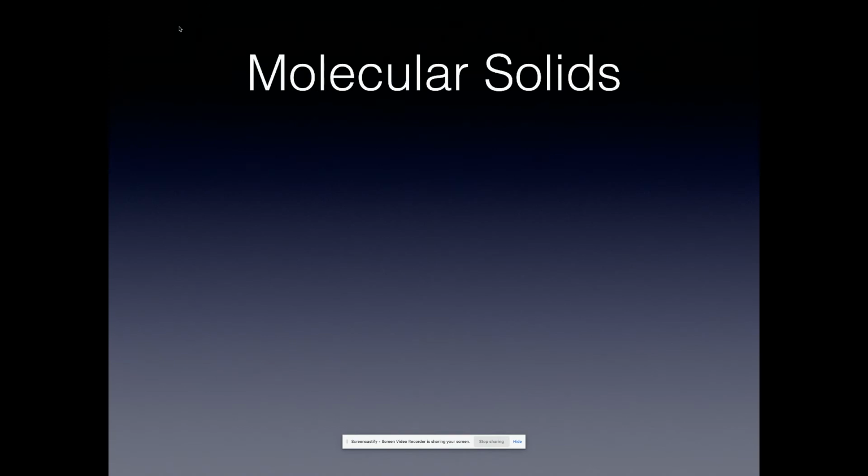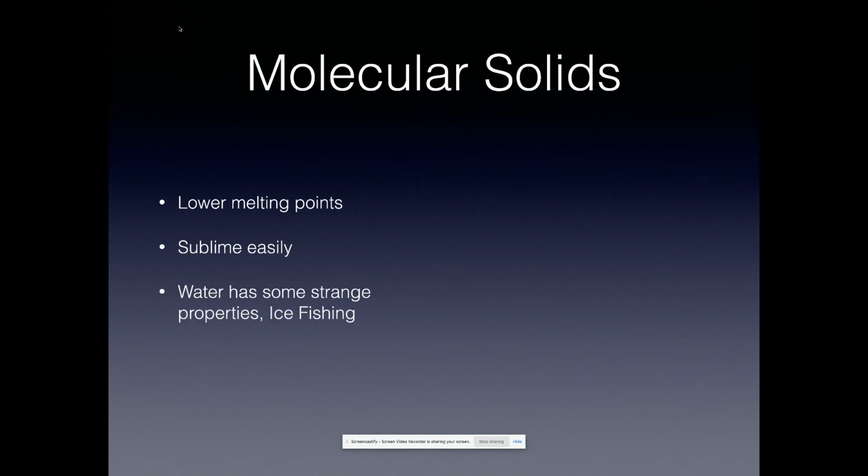Now, molecular solids are very different. They have lower melting points. They sublime quite easily. Water even has some strange properties, like being densest at 4 degrees Celsius, which means that lakes actually freeze from the top down. So you can go ice fishing. I don't understand why, but it's possible.